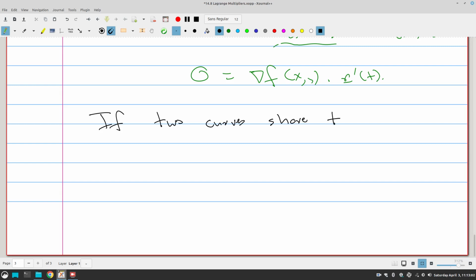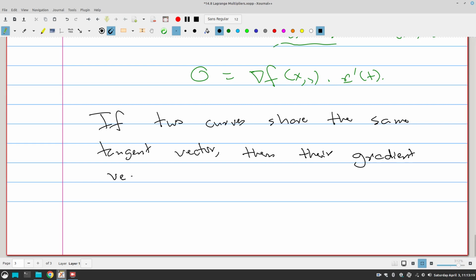If two curves share the same tangent vector, then their gradient vectors must also be parallel, right?